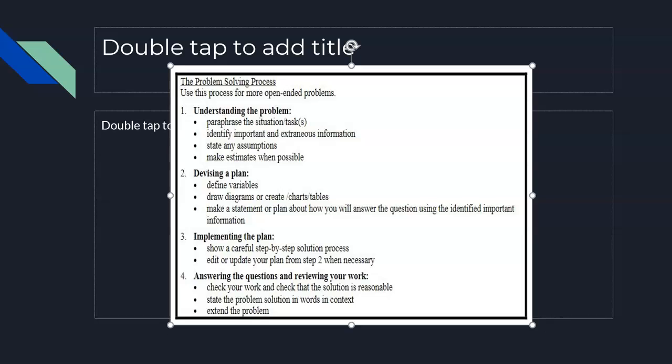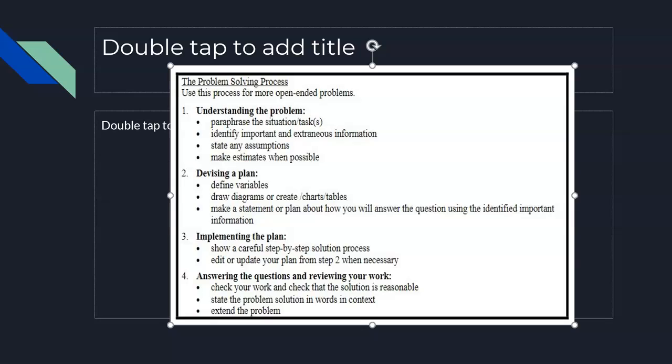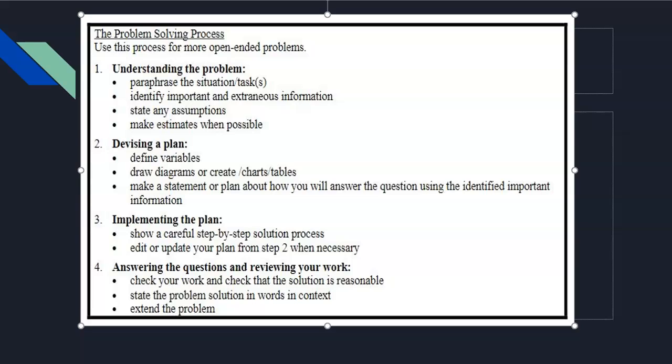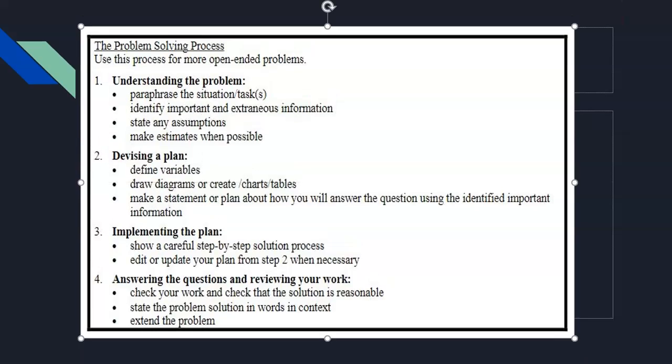And the very last slide here, sorry. This was from the packet. This is the problem solving process. Use this process for more open-ended problems. You can use this all the time. Number one, understand the problem.